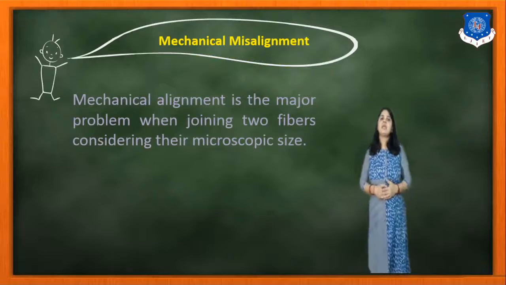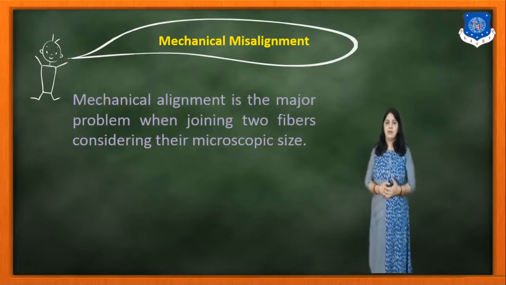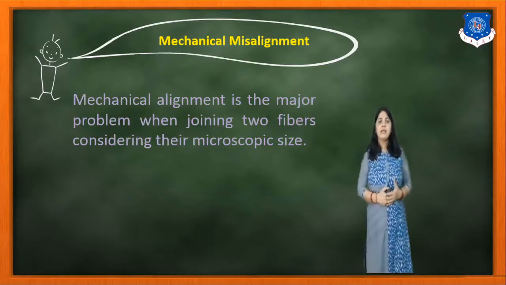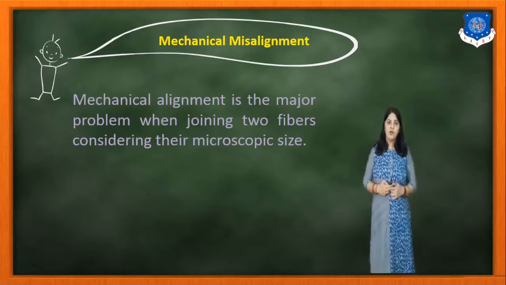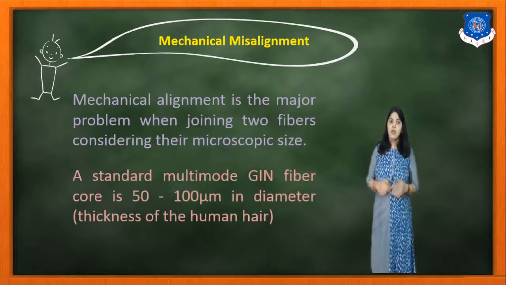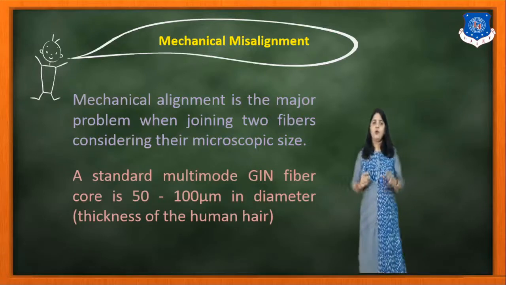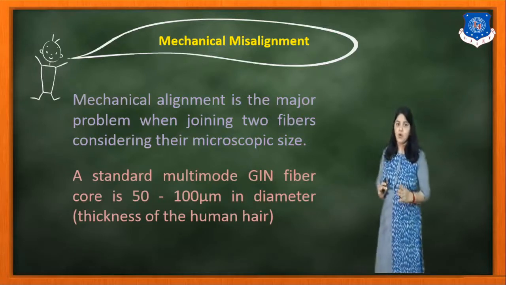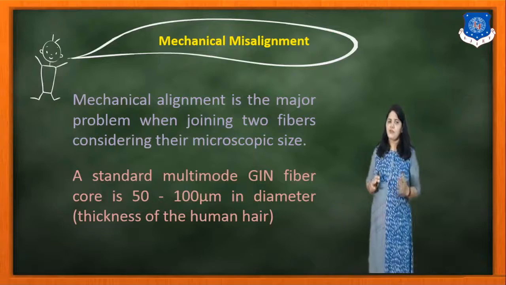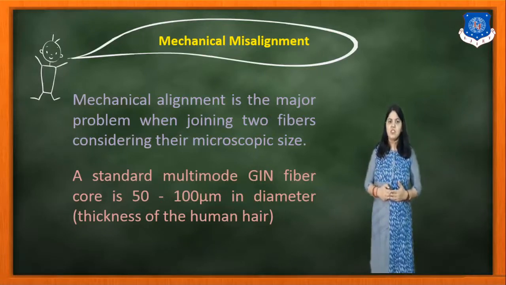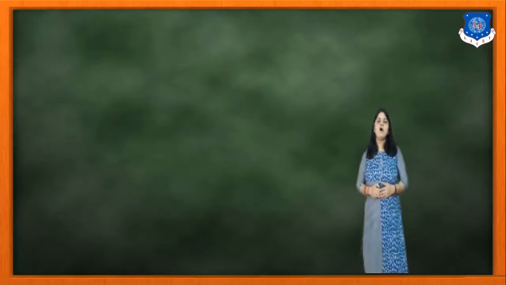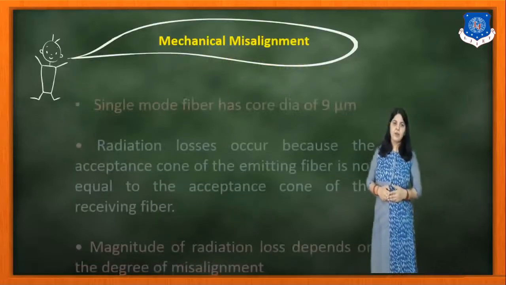Now next is the mechanical misalignment. What is it? Mechanical misalignment is a major problem while joining two fibers considering their microscopic size. A standard multimode graded index fiber core is around 50 to 100 micrometers in diameter, which is about the thickness of a human hair.